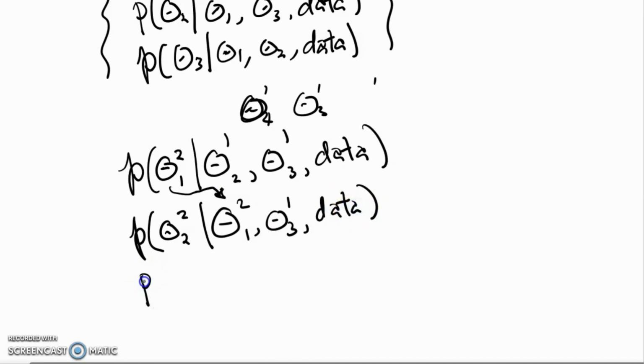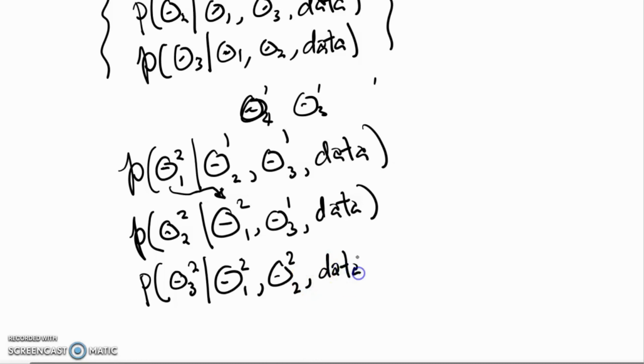And finally, we get an updated value of theta 3 given the second value of theta 1 and the second value of theta 2 and the data.